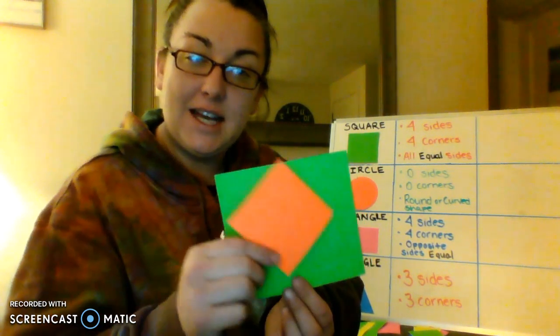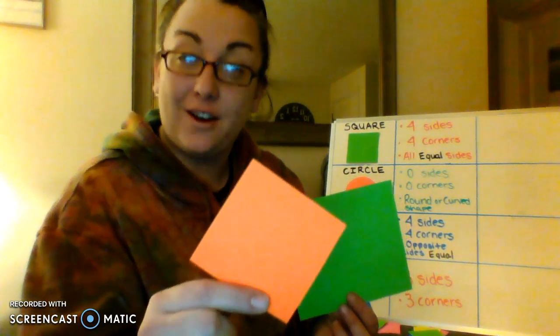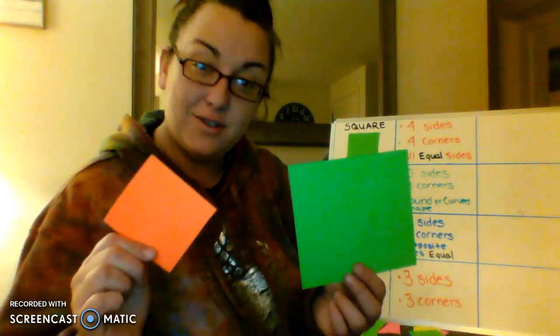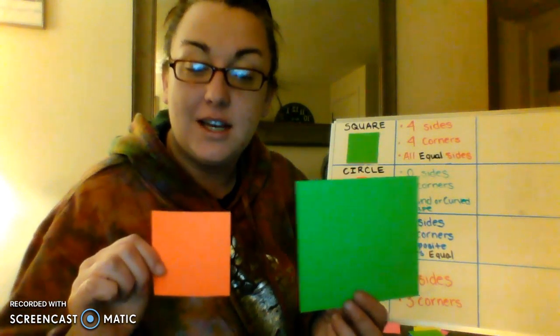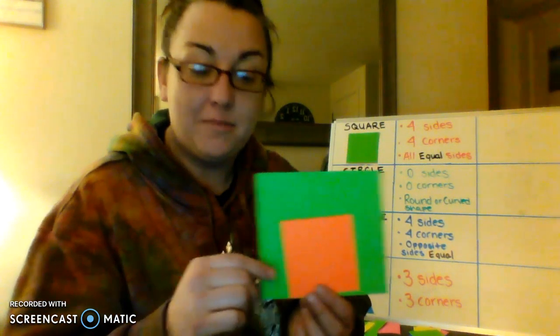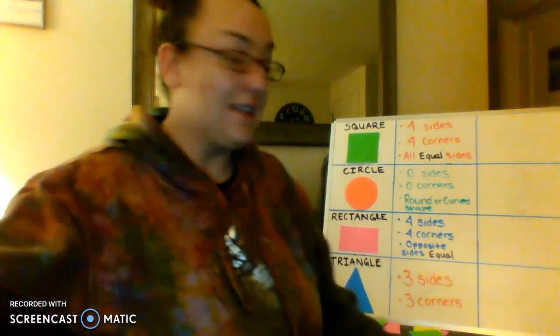And are all the sides the same length? What do you think? They are. So this is also a square. So squares can be different sizes and different colors and still have the same name because they have the same attributes.